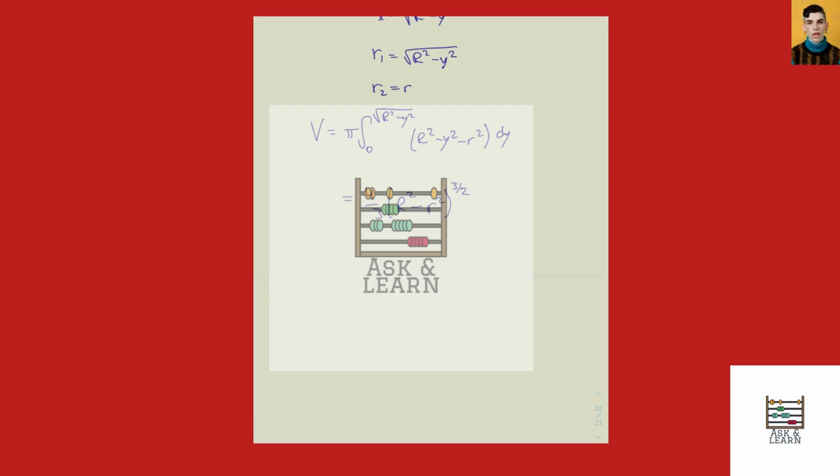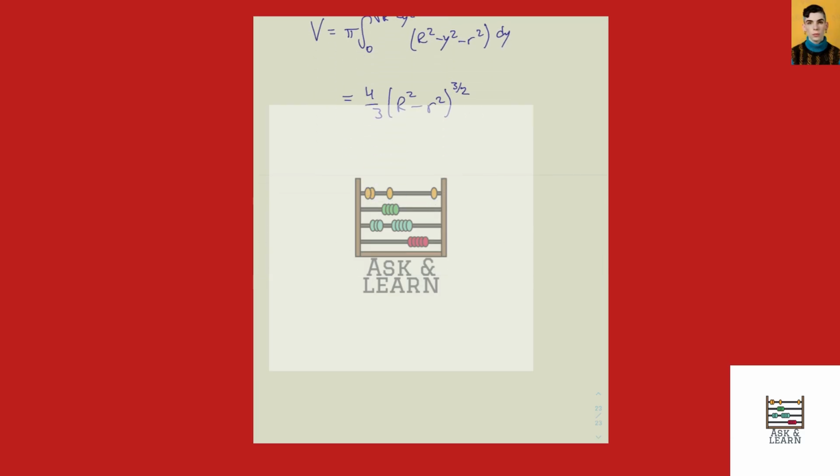And then we have the cylindrical shell method that we could also use. So what we have is R squared equals x squared plus y squared. And in this case, solving for y, we'd get the square root of R squared minus x squared.